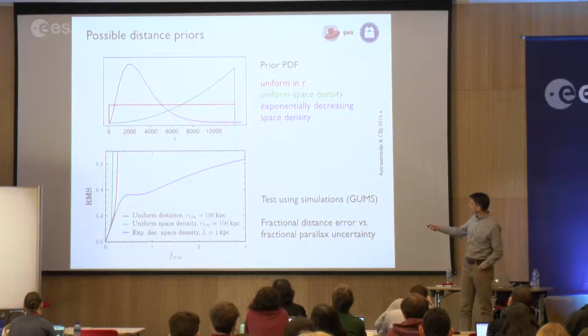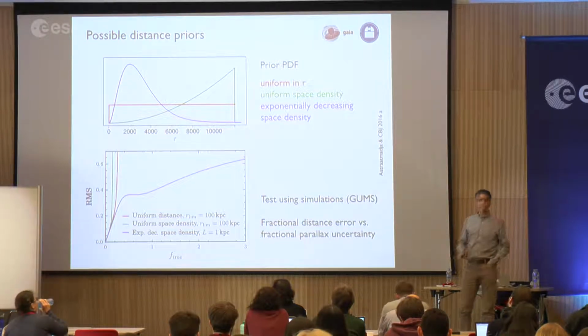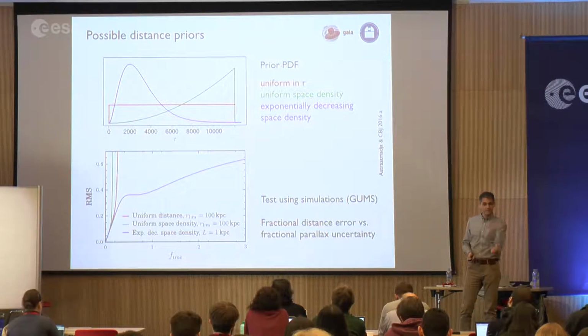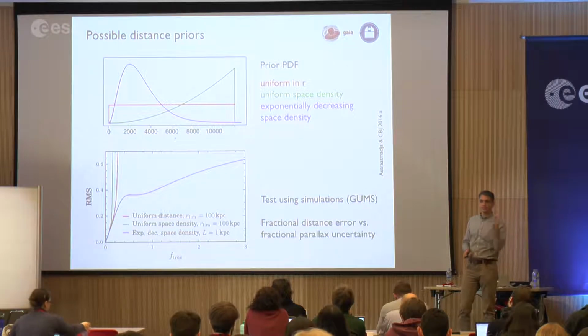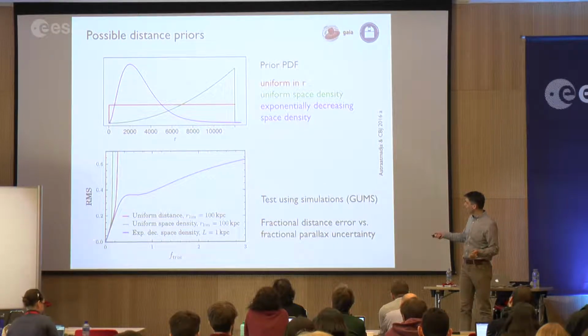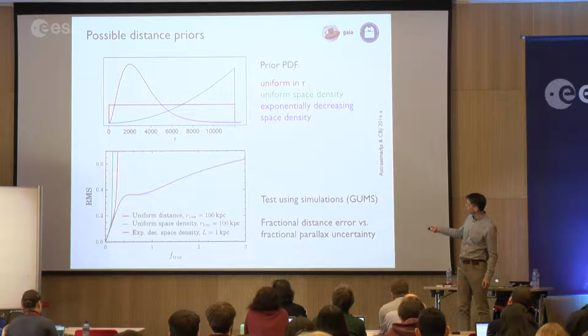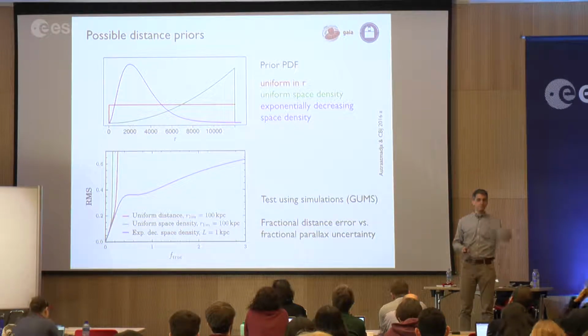And what this shows you for both the uniform and the uniform space density prior is that when the fractional parallax error is 0, well, there's no noise, so of course the inference is perfect because the posterior is a delta function. Okay, kind of trivial case. But what's interesting with these 2 uniform priors is that as soon as the fractional parallax uncertainty goes above about 10, 20%, then this RMS absolutely shoots up.